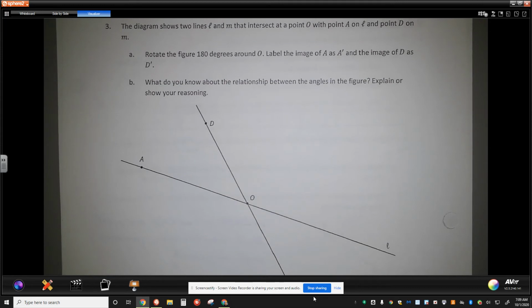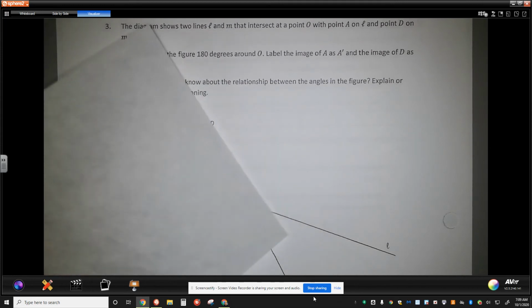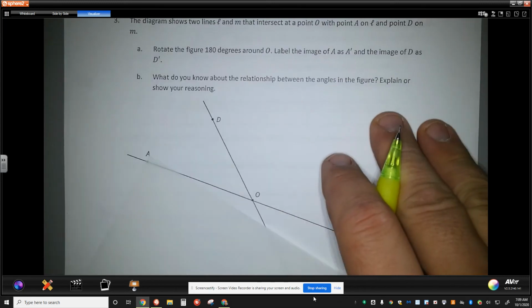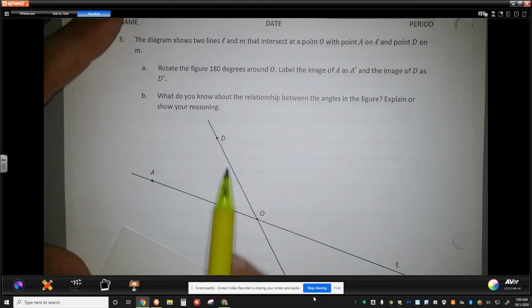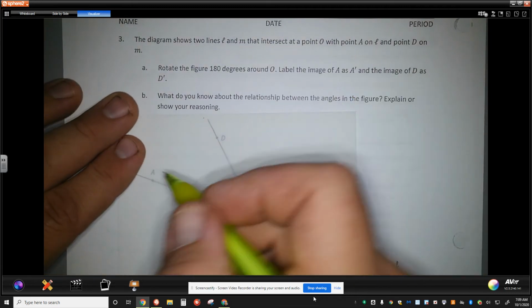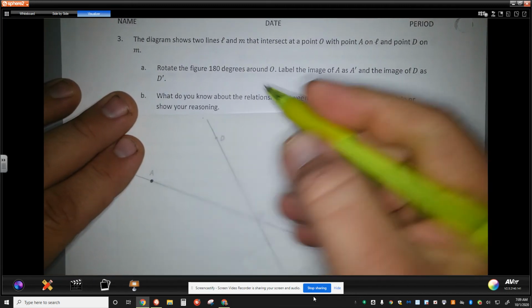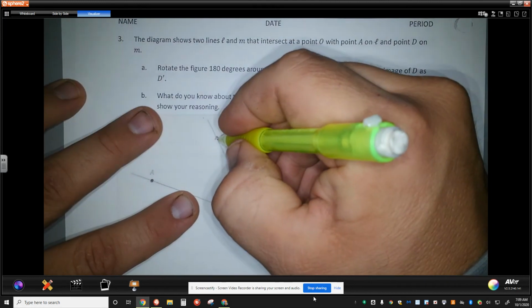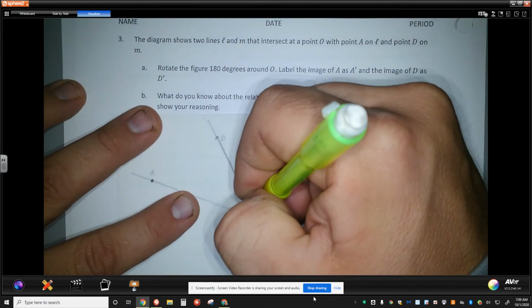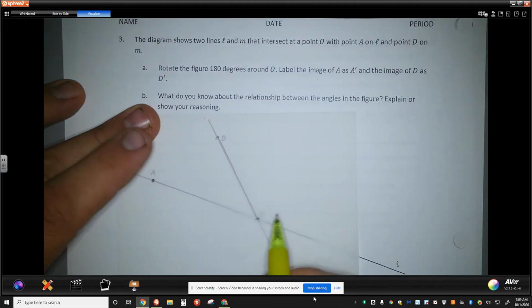I'm going to grab a new piece of patty paper here because I've used that one up quite a bit. We're going to go ahead and trace on here first angle OAD, and then we'll rotate that 180 degrees around center O. We're going to see that same type of relationship since we're working on these lines. We're going to be rotating two lines at the same time, but those two lines have points on them.